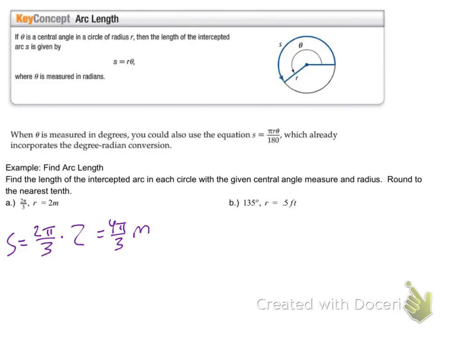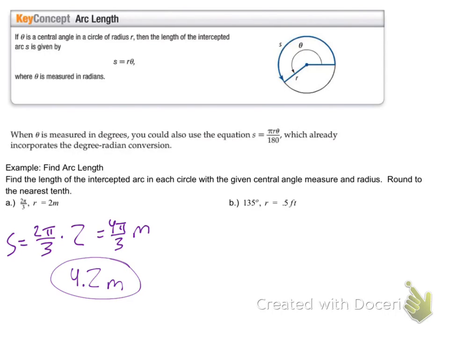So if I divide pi by 3, it should be just over 1. And something just over 1 times 4 is just over 4, yeah? So what's our answer? Actually, take a calculator. One decimal place, tenths. Ends up being 4.2 meters. Cool?